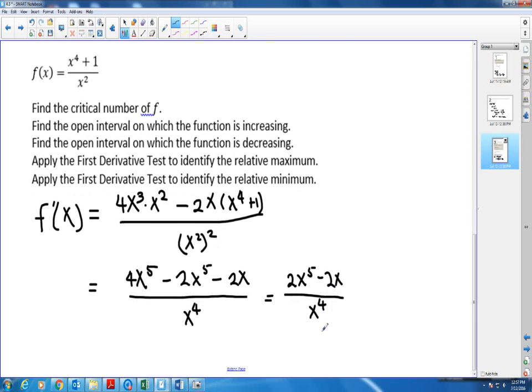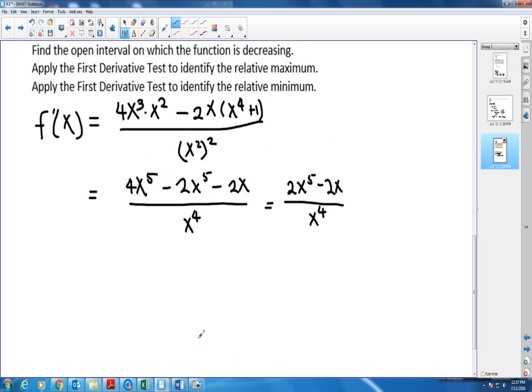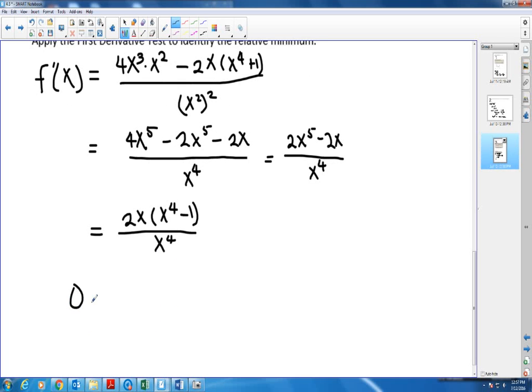Factor out the 2x. That'll give me x to the 4th minus 1 over x to the 4th, and the x can reduce out. So let's set it equal to 0.